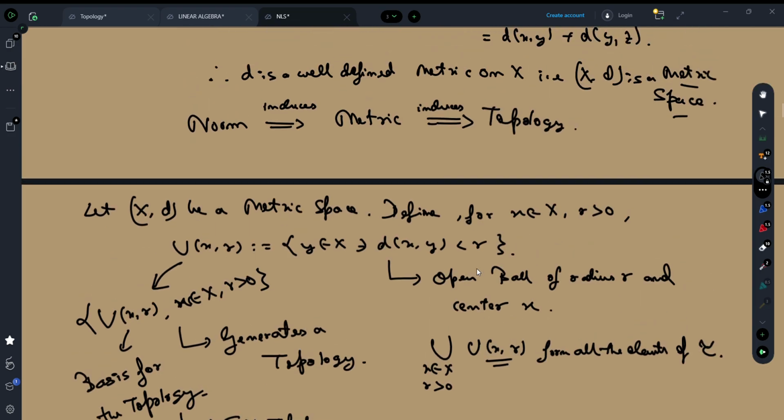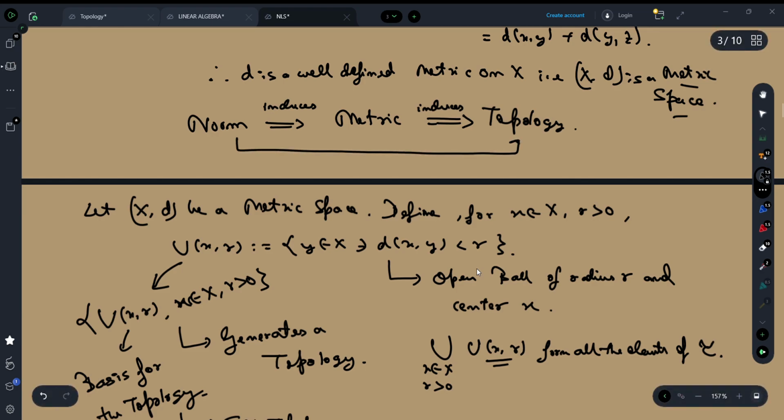We are concerned about the fact that if we start with a normed linear space, then from the normed linear space we can induce a metric space. If you have a metric space, then by definition we can construct a topological space. So this topology is often referred to as the norm-induced topology. Clear?